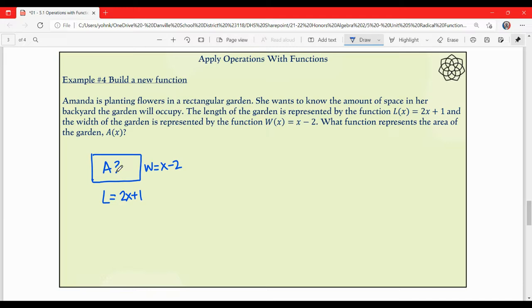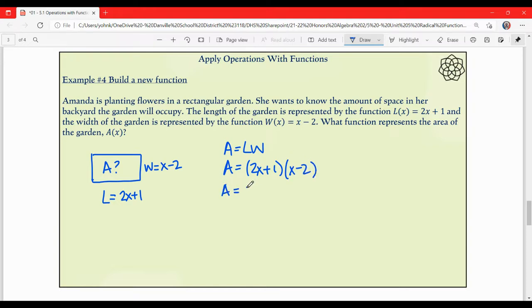So I drew a little picture. I drew a rectangle, put in the length, put in the width, and it wants the area. Well, area of a rectangle is length times width. So all I have to do is take my length function, which is 2x plus 1, and multiply by my width function, which is x minus 2. This is just double distributing.